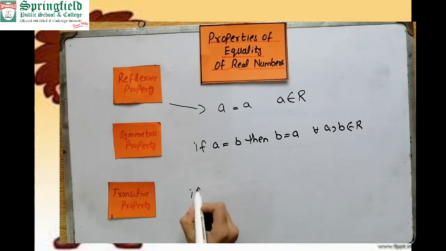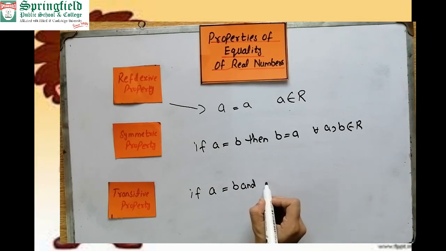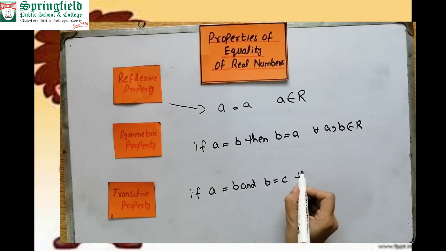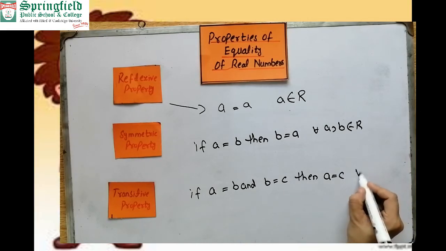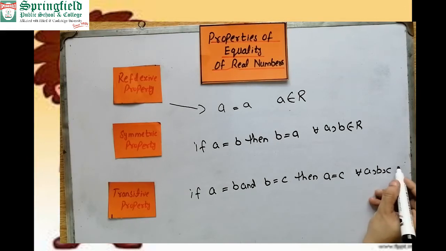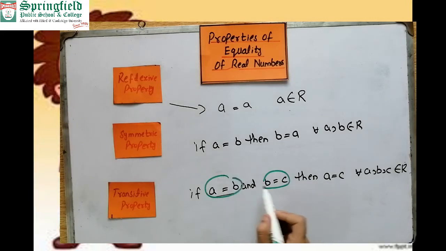Transitive means if A is equal to B and B is equal to C, then A must be equal to C, when A, B and C all belong to the real numbers. Understood, beta?